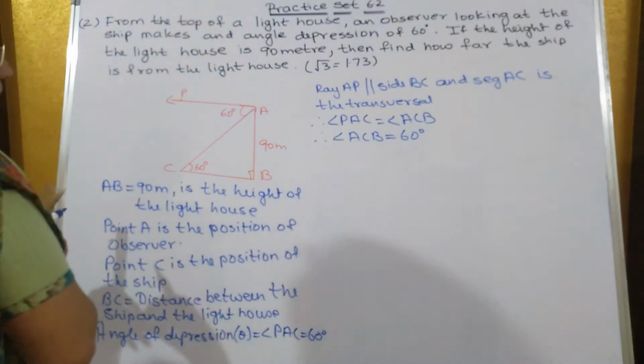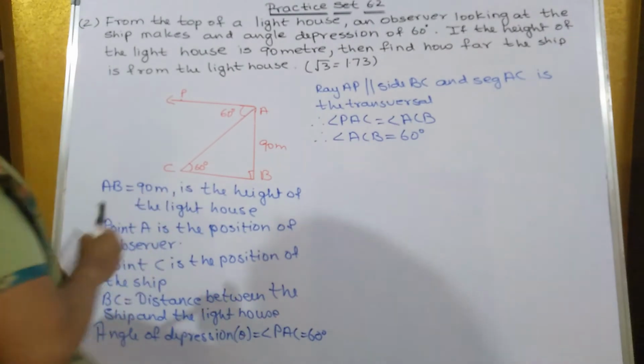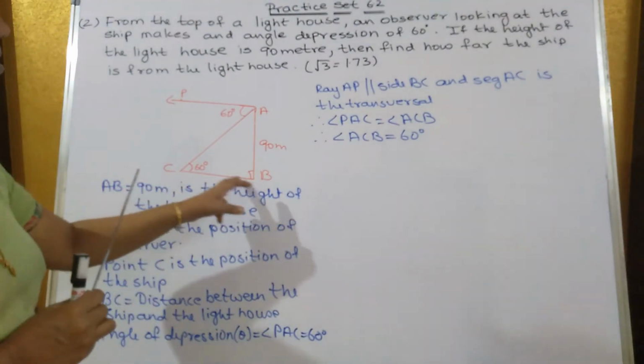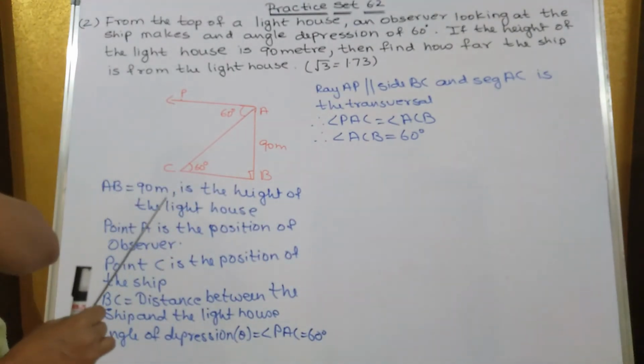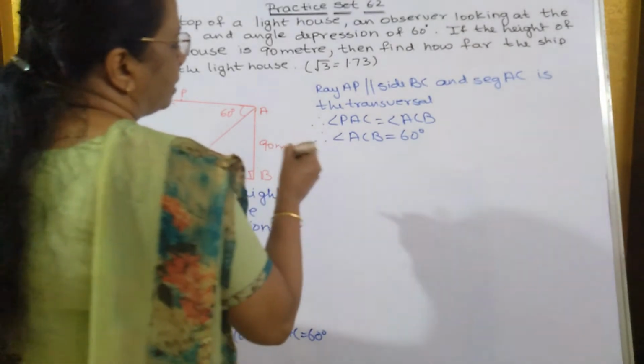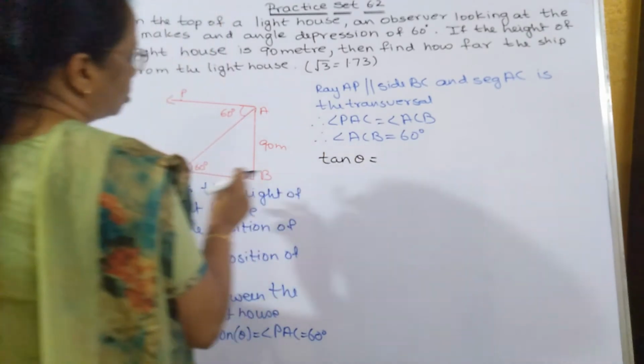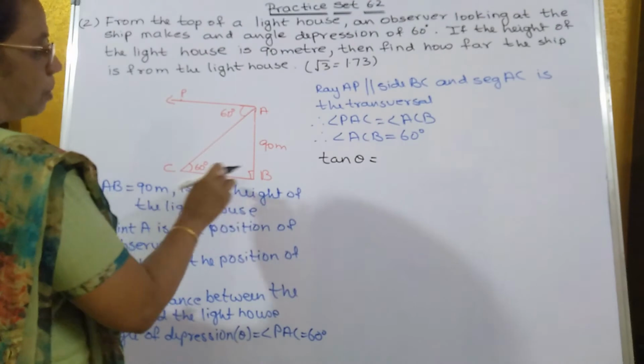Now solve the sum. Now the opposite side, that is AB, is the height of the lighthouse, and we have to find out the adjacent side, that is the distance between the lighthouse and the ship. So tan theta is equal to what? Tan theta is AB upon BC.